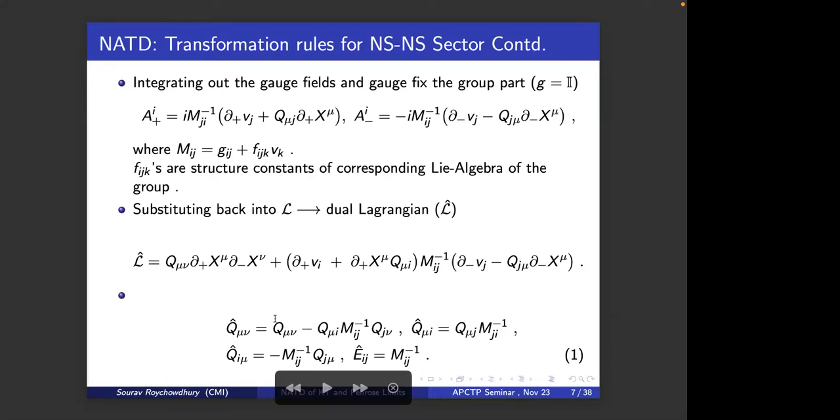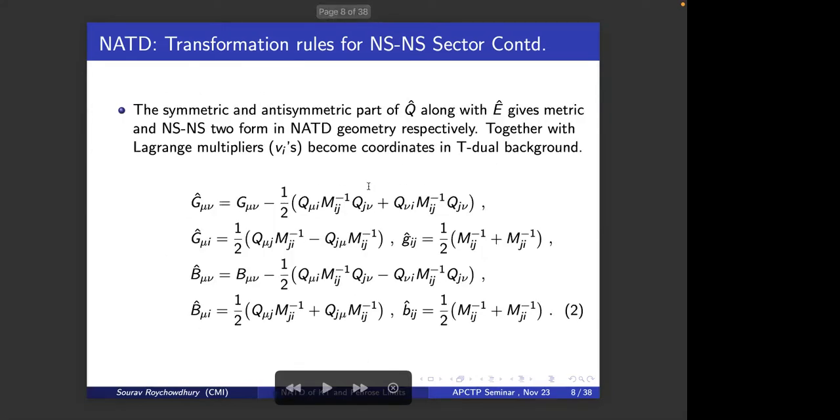And from the dual Q's, the symmetric part gives you the metric in the T-dual sector, and the antisymmetric combination of Q gives you the NS Kalb-Ramond field in the dual sector, and V_i, the Lagrange multiplier, behaves as a T-dual coordinate in the dual sector. So these are the exact expressions for the spectator directions as well as the group direction for the dual sector.